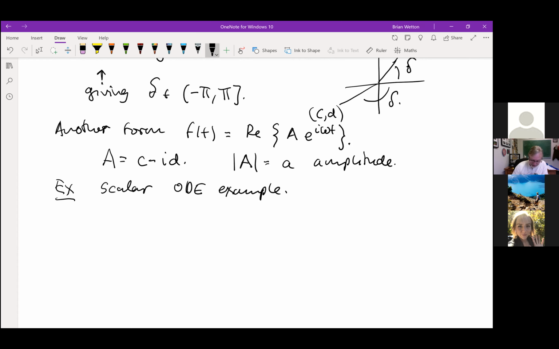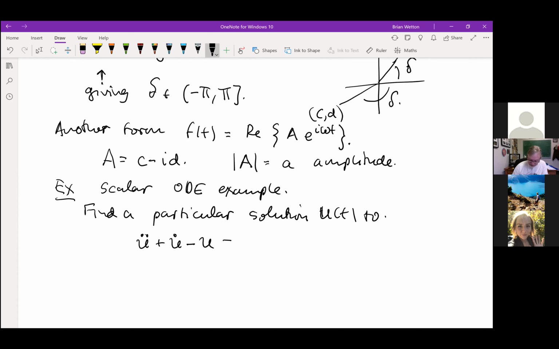Okay, let's find a particular solution u of t to u double dot plus u dot minus u is equal to 0.